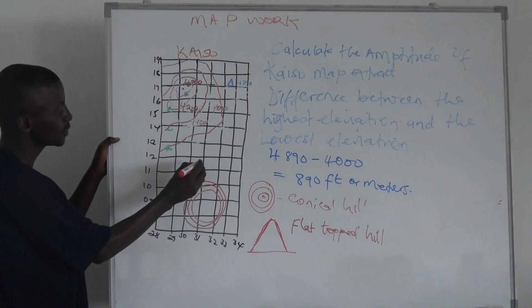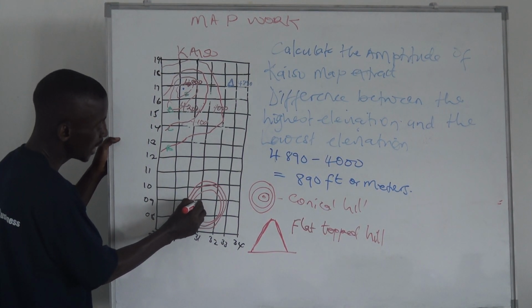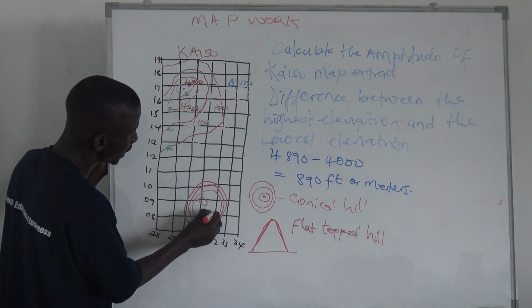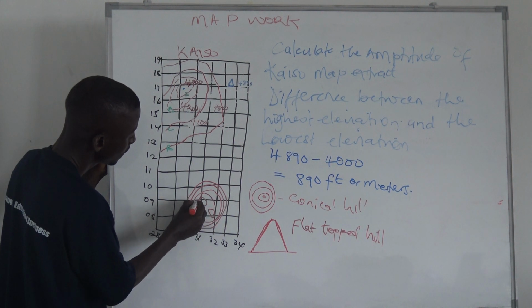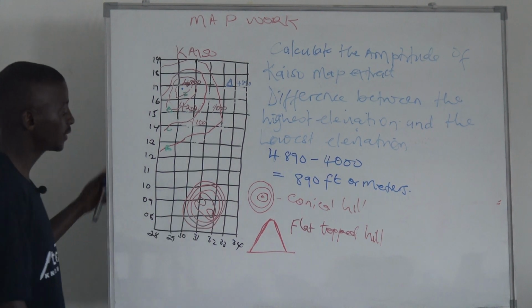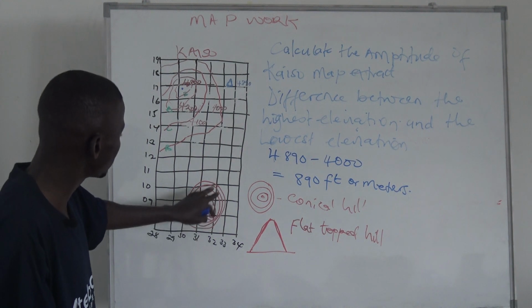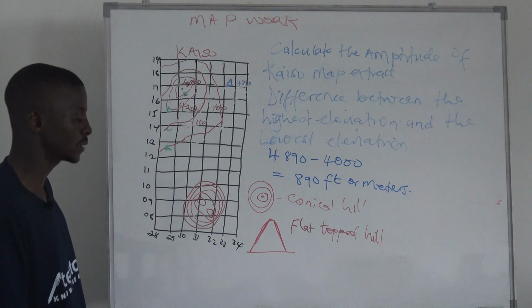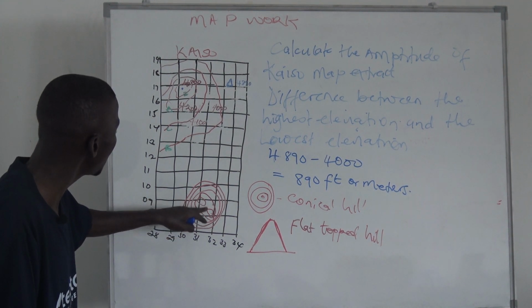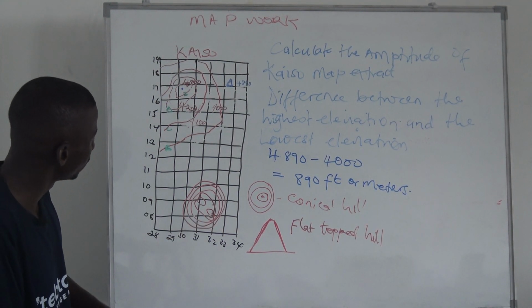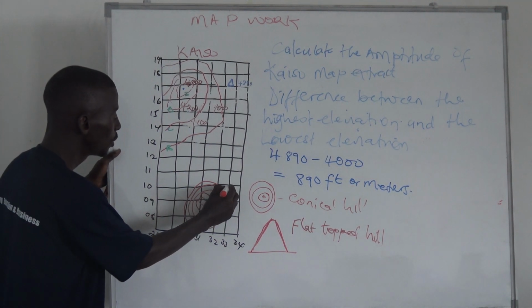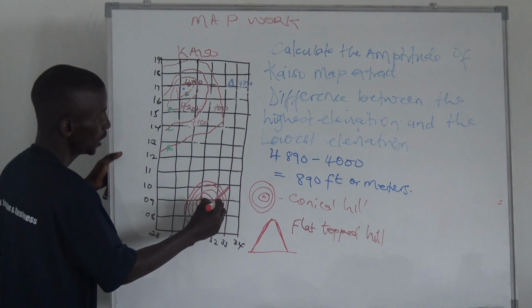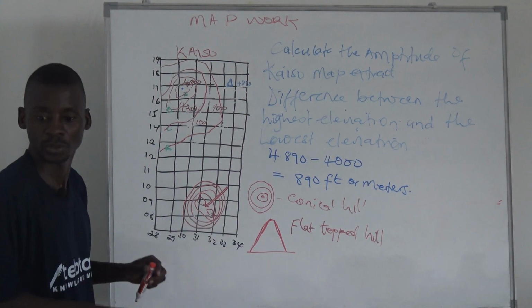And sometimes you find a state where the contours are looking like that. After knowing this is a flat topped hill, but in between we have two hill tops. We have a top of a hill here, and we have another top of a hill there. Then this one is called a shadow.